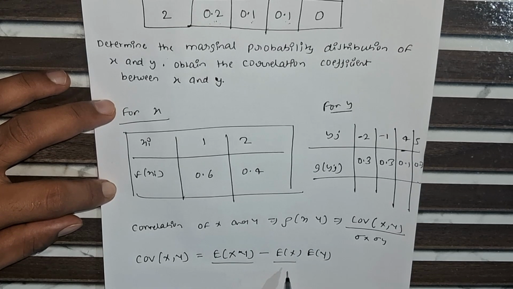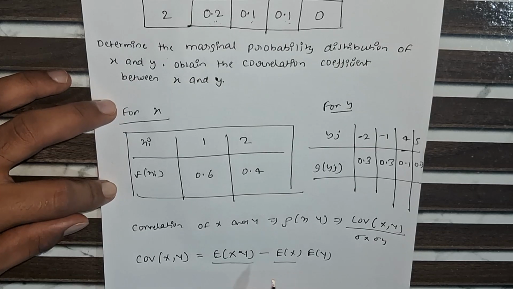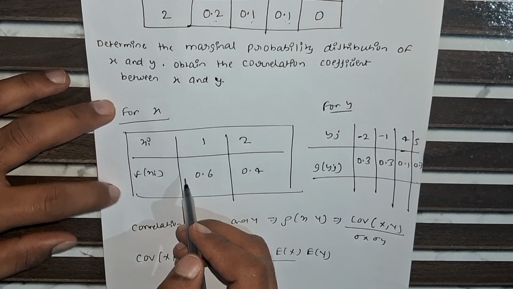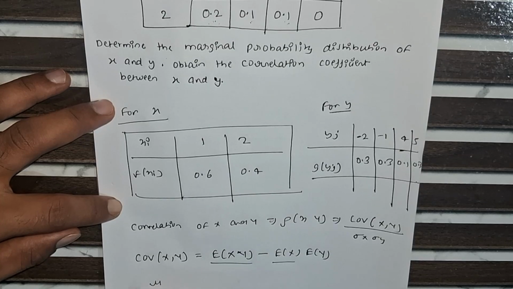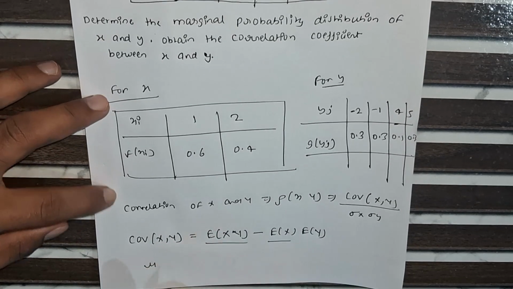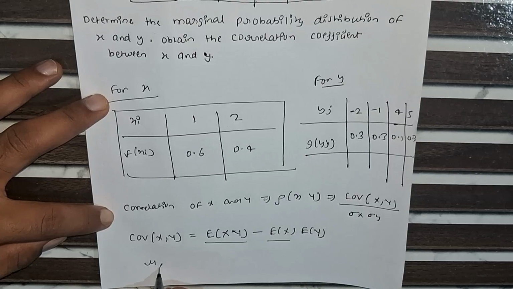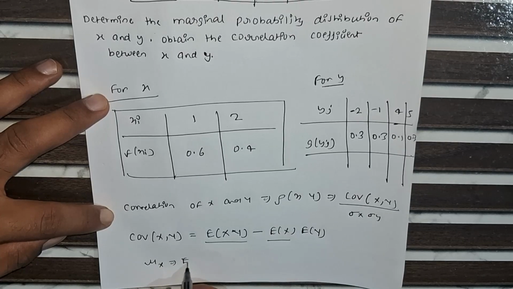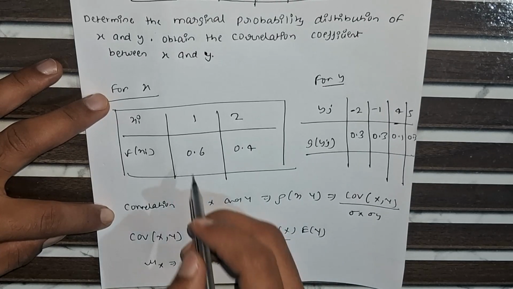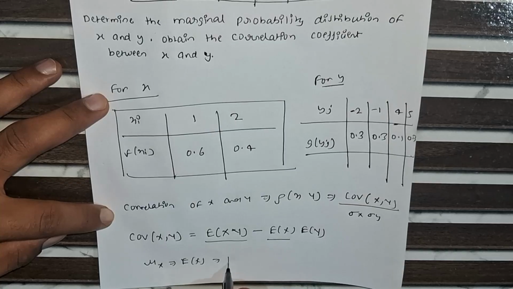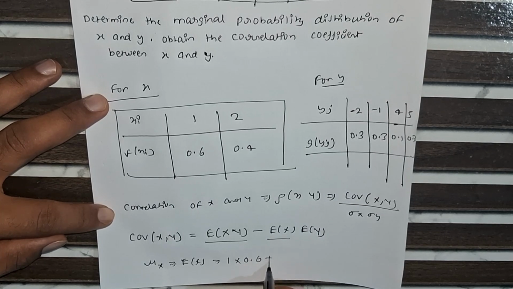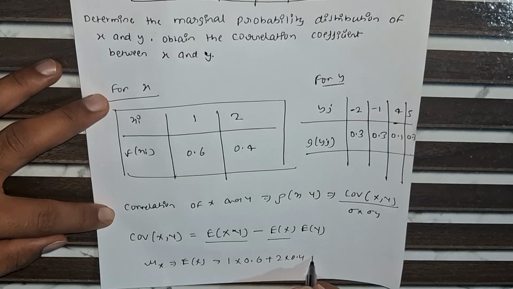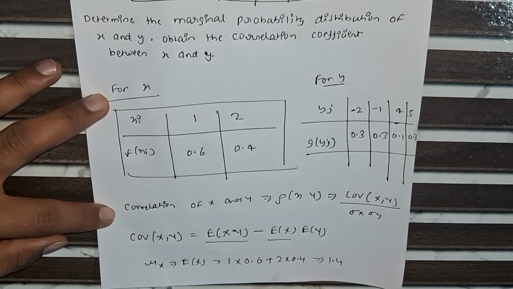So how do we find expectation of x? By the marginal distribution of x, which we define as mu of x equals expectation of x, which is 1 into 0.6 plus 2 into 0.4, which is equal to 1.4.